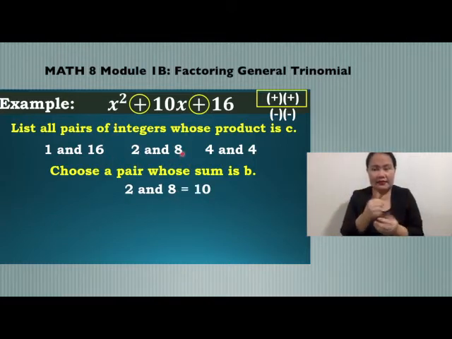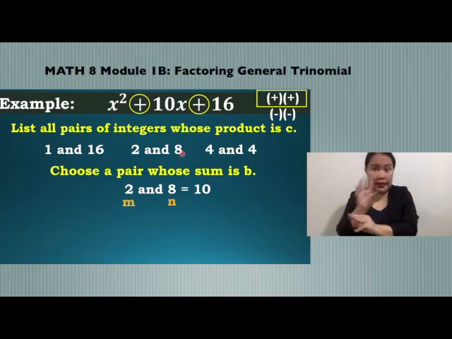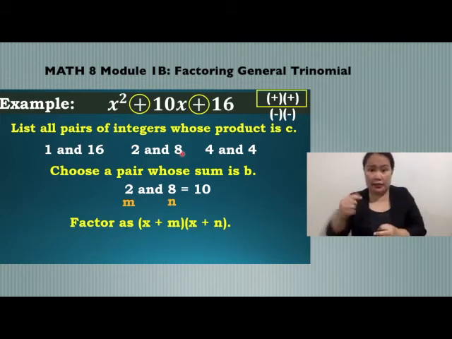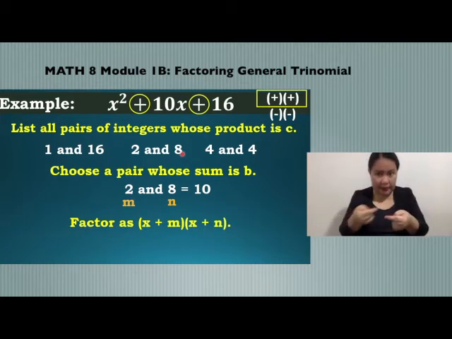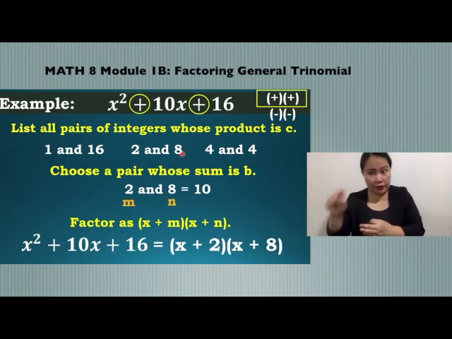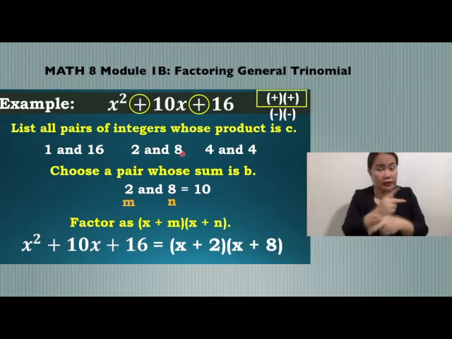Okay, so we will use 2 and 8. So, therefore, this will serve as our m and n. Remember, our factor is in the form of x plus m and times x plus n. So, therefore, the factored form of x squared plus 10x plus 16 is equal to the product of x plus 2 times x plus 8.